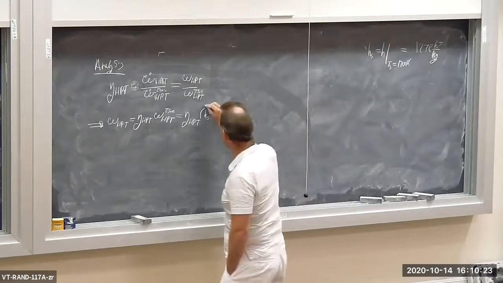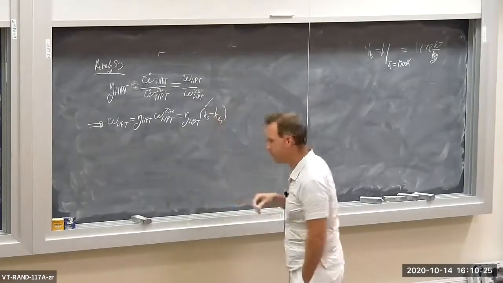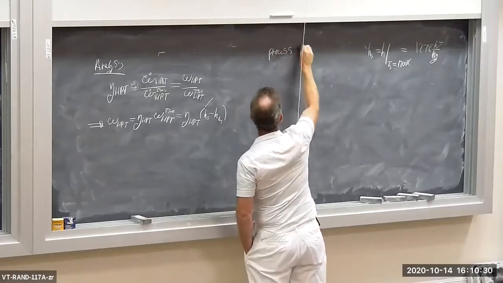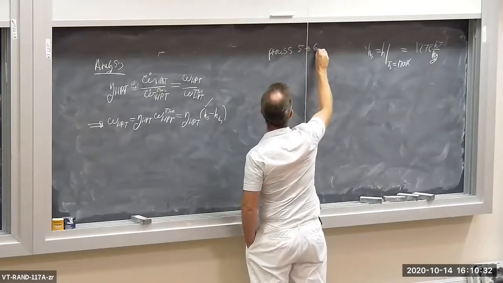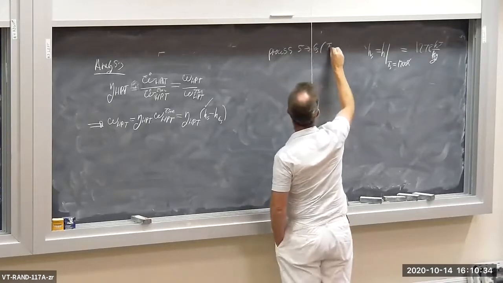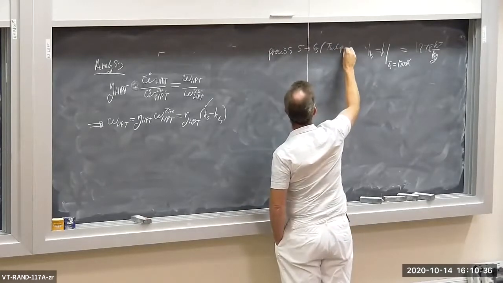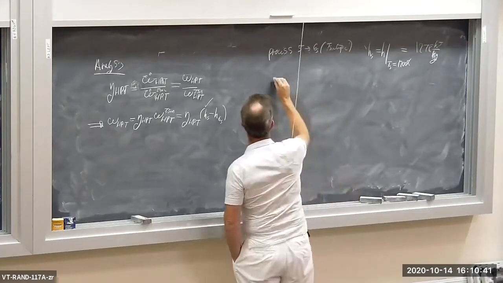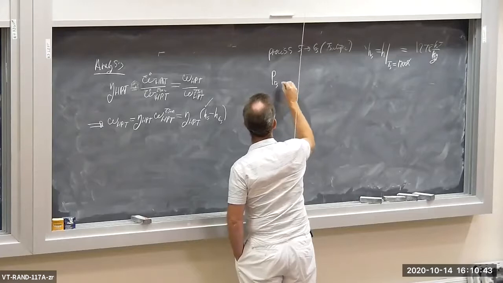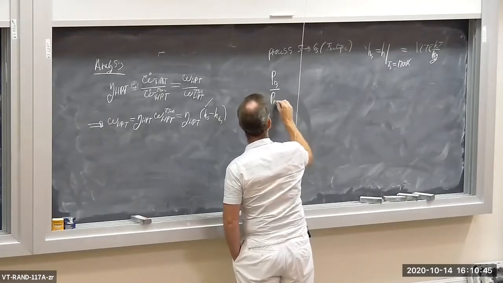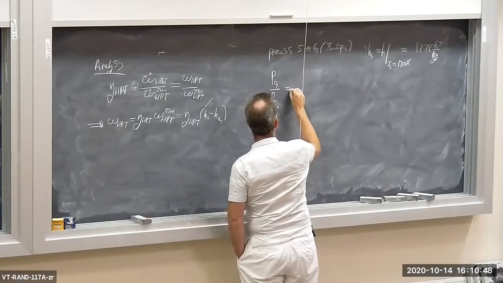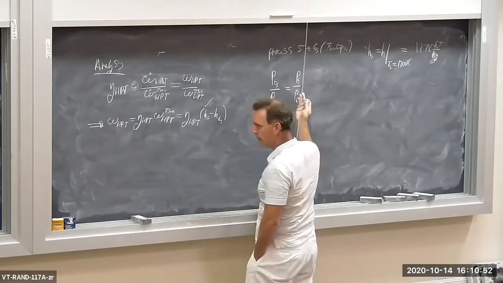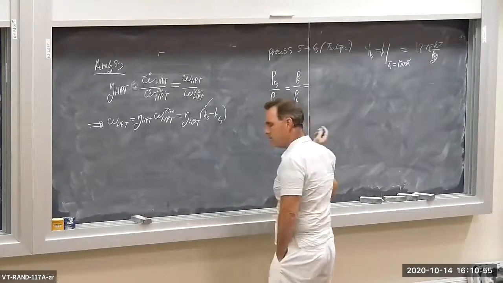I need to get H6 sub s. Again, let's look at the process. 5 to 6 sub s is an isentropic expansion process. So I can write PR5 over PR6 sub s is equal to P5 over P6 sub s.